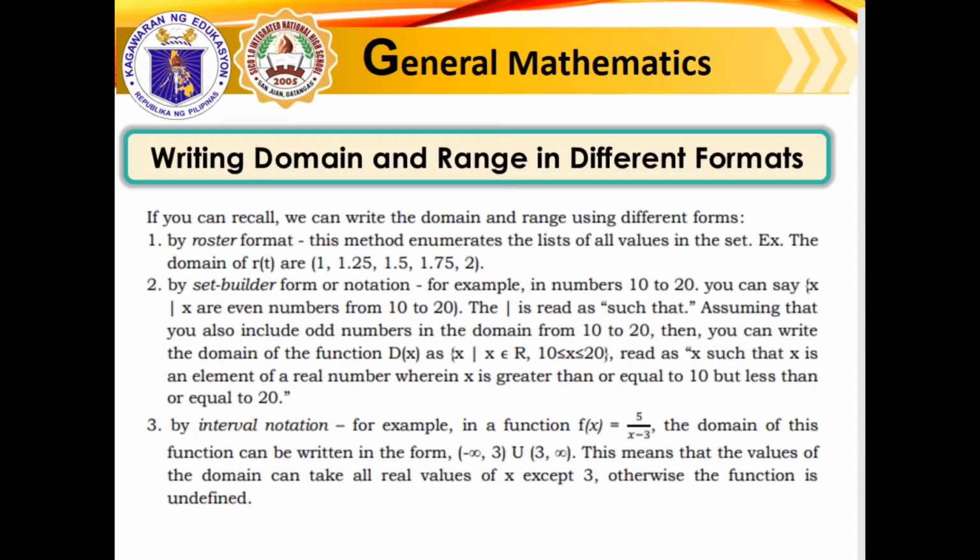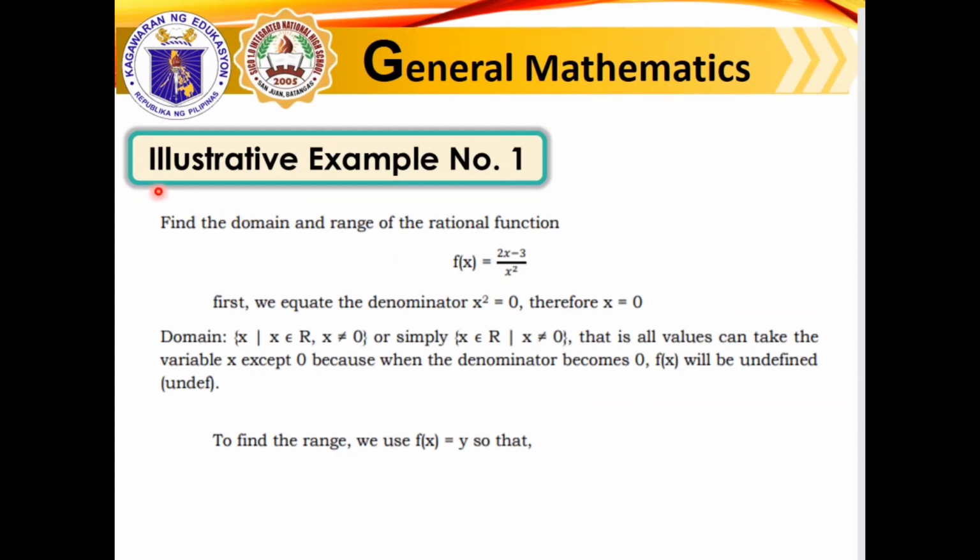Okay, let's have an example to further understand the domain and range. So illustrative example number 1. Find the domain and range of the rational function f of x equals 2x minus 3 all over x squared. So first, we equate the denominator x squared equal to 0. So therefore, the x value is equal to 0.